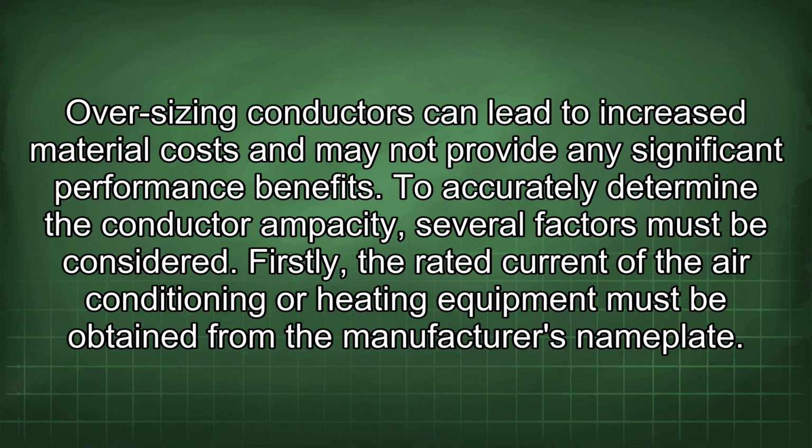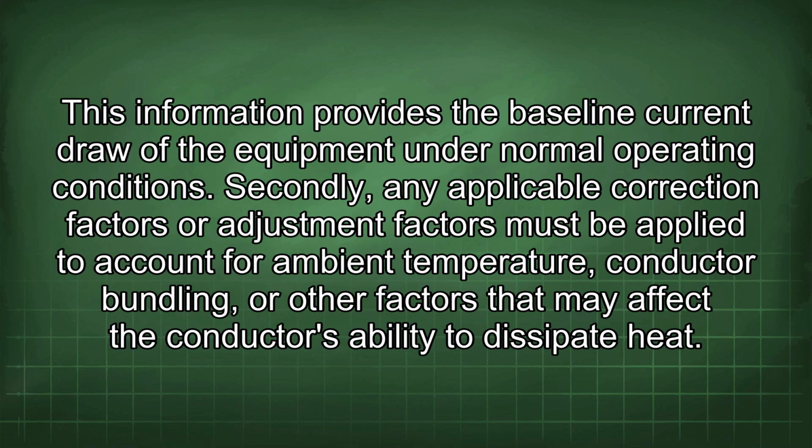To accurately determine the conductor ampacity, several factors must be considered. Firstly, the rated current of the air conditioning or heating equipment must be obtained from the manufacturer's nameplate. This information provides the baseline current draw of the equipment under normal operating conditions. Secondly, any applicable correction factors or adjustment factors must be applied to account for ambient temperature, conductor bundling, or other factors that may affect the conductor's ability to dissipate heat.